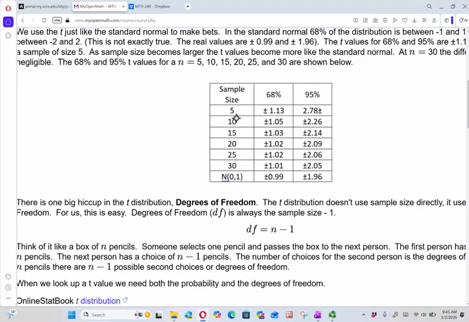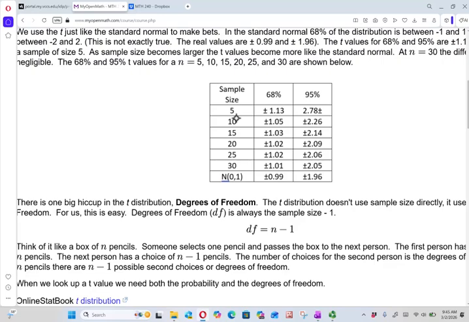So instead of 2, I multiply by 2.78, which makes my interval wider for the same level of bet. And for the 68% bet, I'm using 1.13 rather than 1.